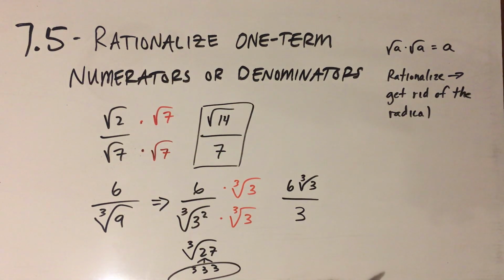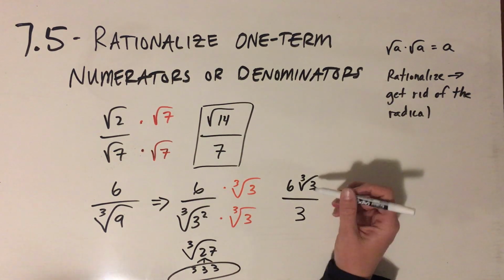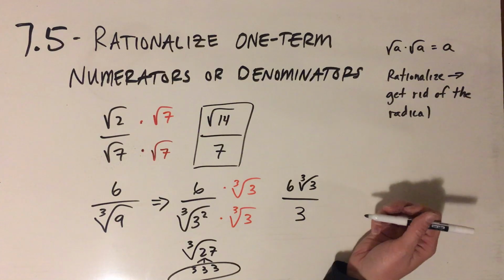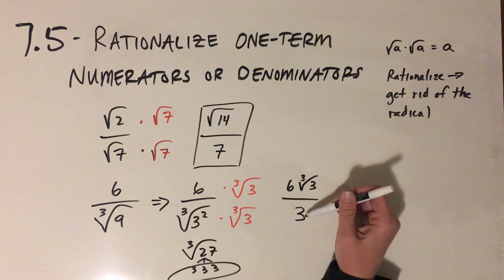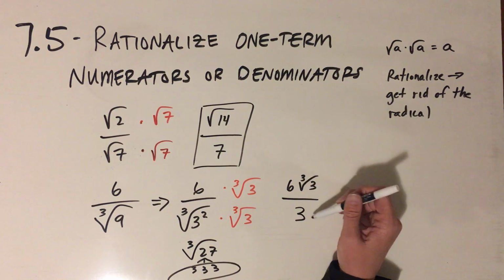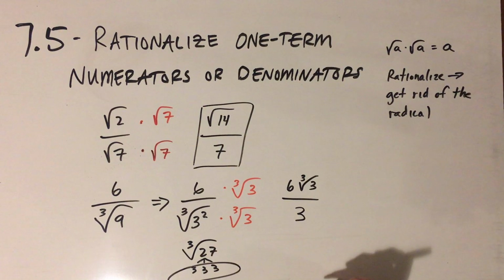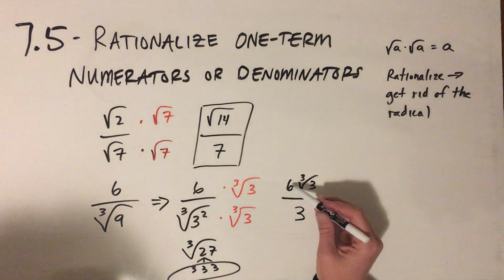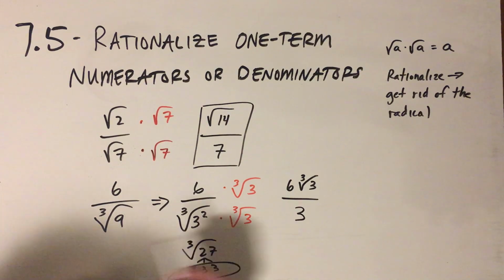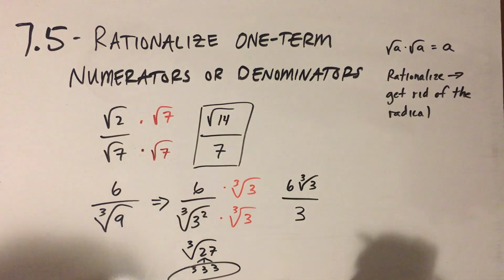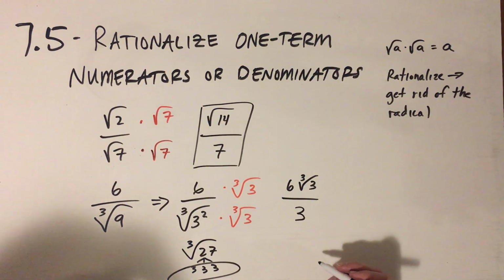So a couple questions here. Some people say, well, hey, couldn't I cancel this 3 with this 3? Well, we can't do that because this 3 is under this radical. That means that this 3 is to the 1/3 power, which is not the same as 3 to the 1st power. But can I cancel this 6 with this 3? Well, I sure can, because anything that is related through multiplication is a factor, and we can cancel like factors top to bottom.